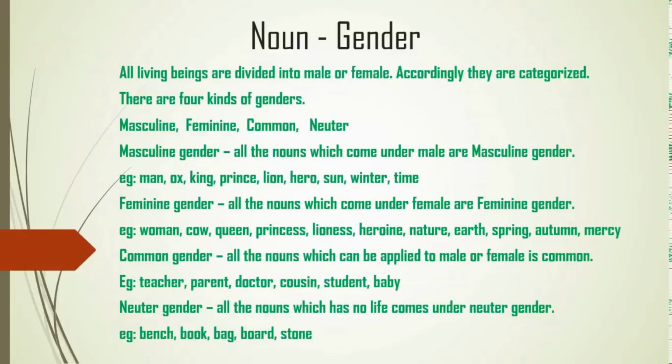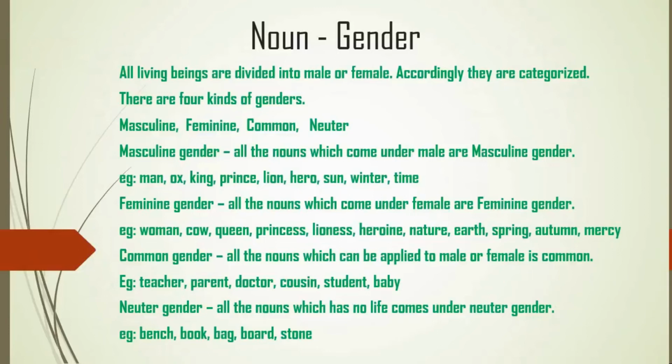Now, coming to feminine gender, all the nouns which come under female are feminine gender. For example, woman, cow, queen, princess, lioness, heroine, nature, earth, spring, autumn, mercy. Here you can see that nature, earth, spring, autumn, mercy don't denote any female character, and superficially we cannot see it.